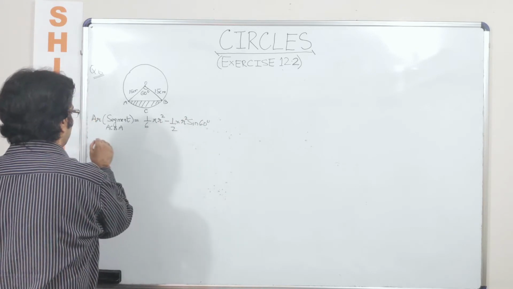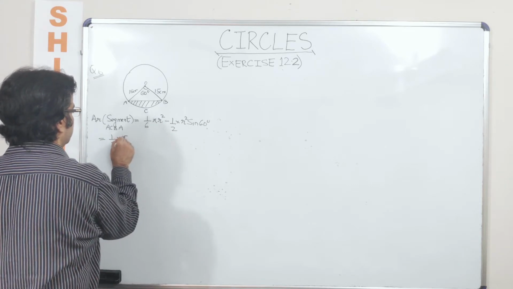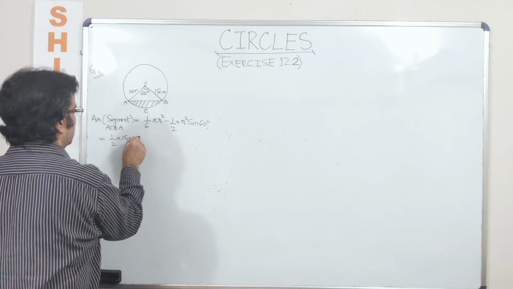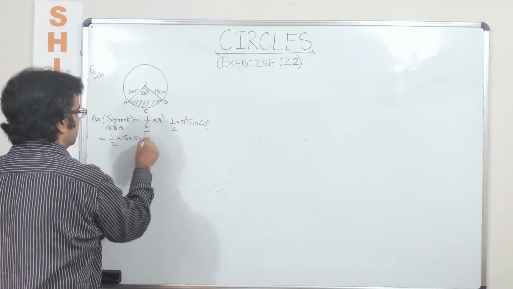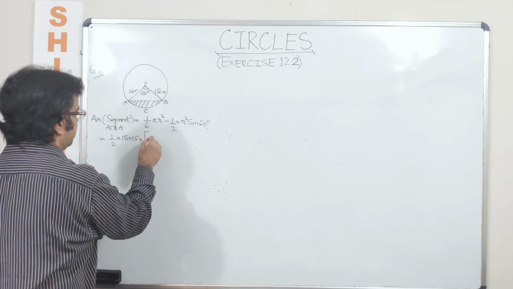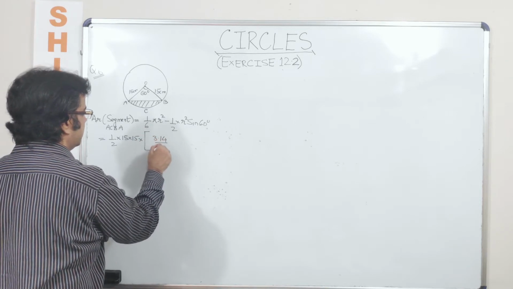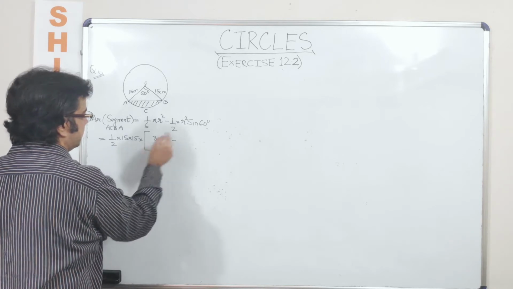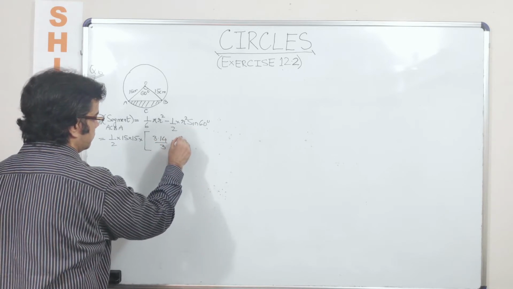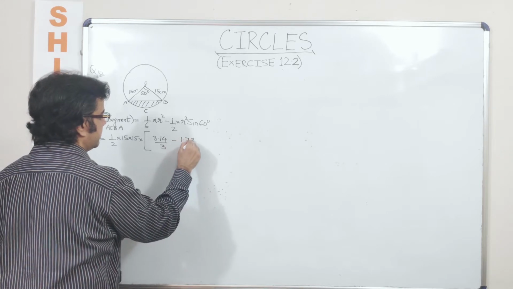So from here I can take half r square common, which is 15 into 15, and from the remaining I'll get pi by 3, which is 3.14 divided by 3, minus root 3 by 2, and root 3 by 2 should be taken as 1.73 divided by 2.